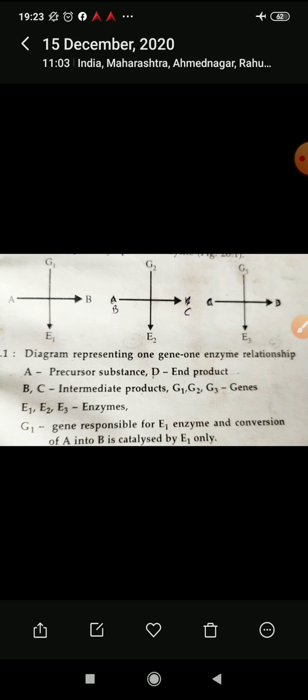So the concept is the one gene, one enzyme hypothesis. Genes are hereditary units, also called factors by Mendel, and they are arranged in a linear fashion on the chromosome.